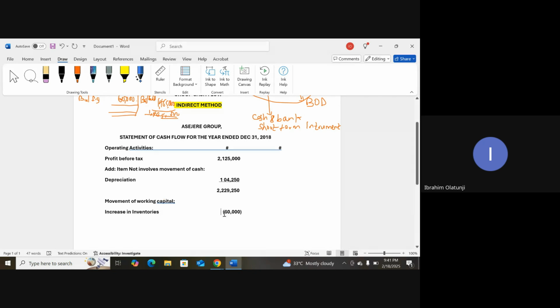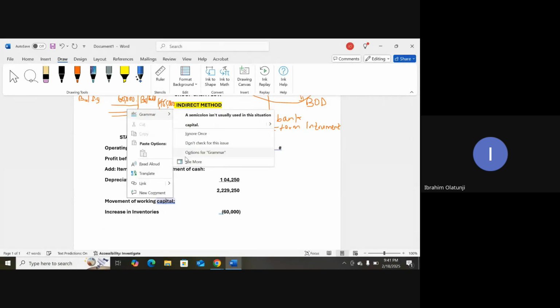That's why we are putting it in bracket. But let's assume our inventory decreases. It means that we don't need to put bracket. Hope it's clear.